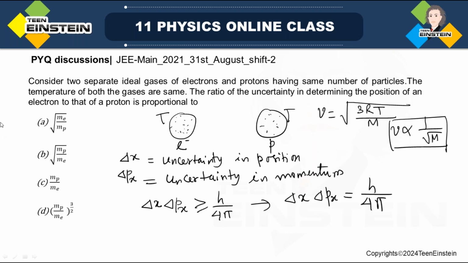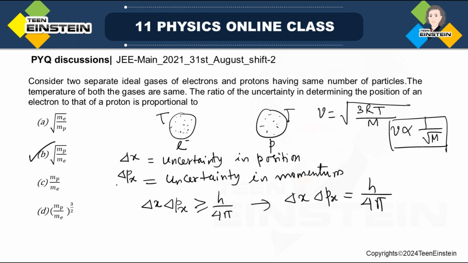Okay, we'll just check whether we have options over here. Yes, so you can see that we have got this option. We have actually got two options like this, mp and me. So you have to find out which one is actually correct. Actually the correct one is this one.